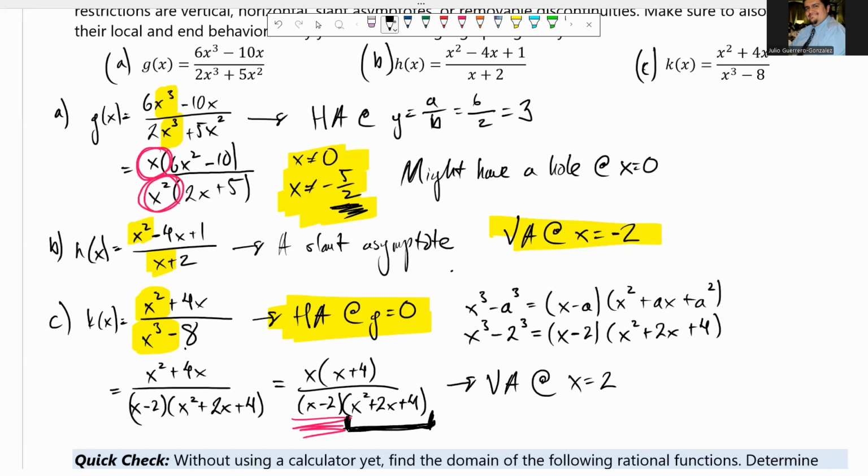And if you try to type it into your calculator, you get an error. So for this function, we have two things: a horizontal asymptote at y equals 0 and a vertical asymptote at x equals positive 2. That's what we should expect.